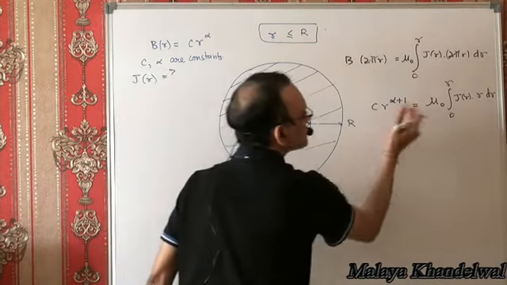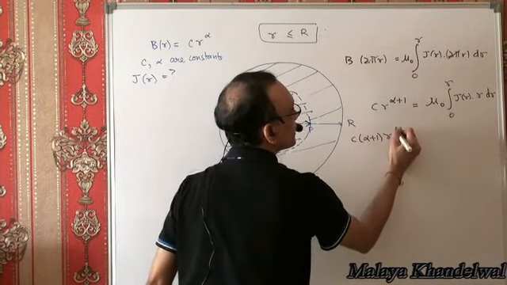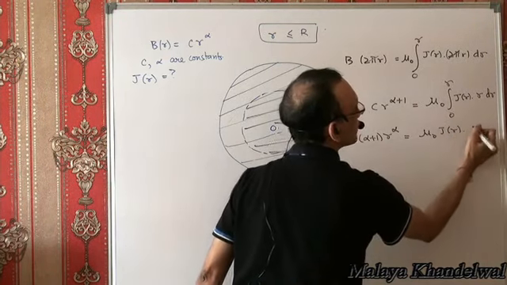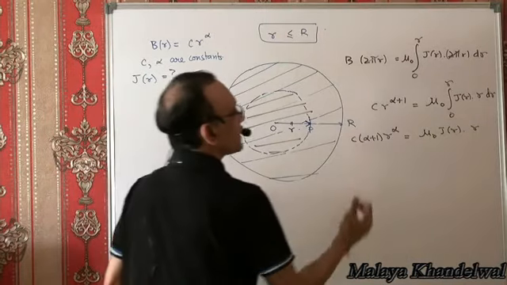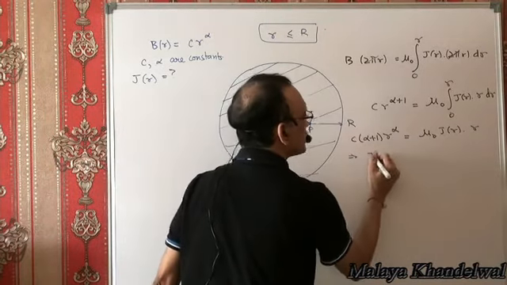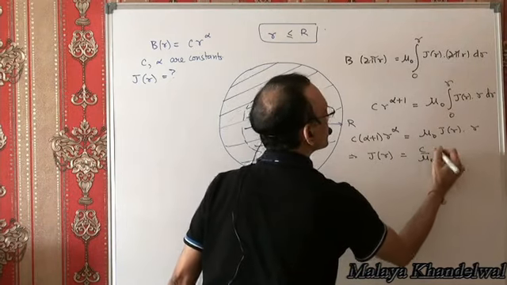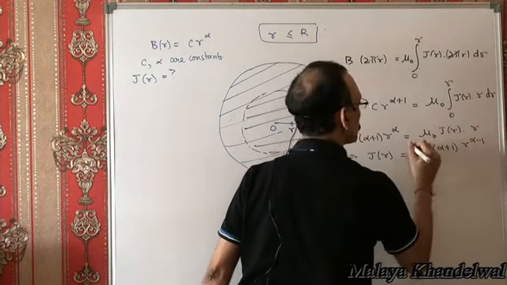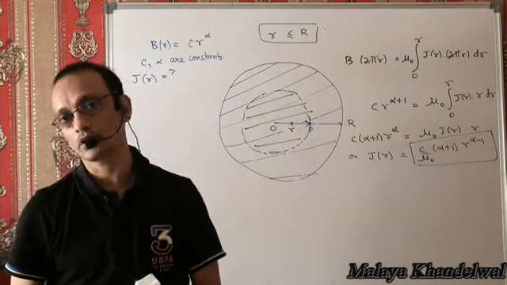When I do that, I end up getting C (alpha plus 1) r to power alpha equal to mu naught J at r into r. When I differentiate both sides, the integral vanishes. And then we get J at r is C by mu naught into (alpha plus 1) into r to power alpha minus 1. That's what we get, J as a function of small r.